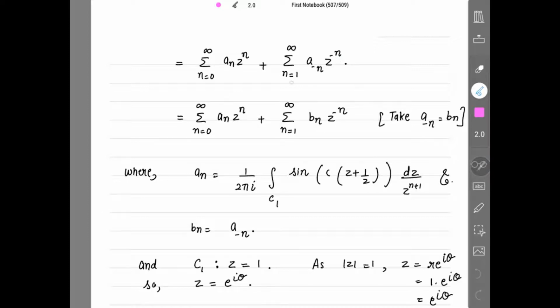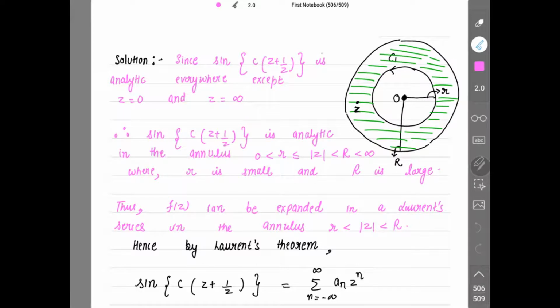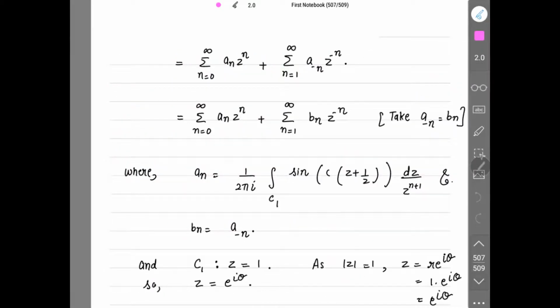If you put the values of n, you will get the same result in the sum of these two summations and also the previous one where n is starting from minus infinity to infinity an z to the power n. You just have to change this n to minus n here and start the summation from 1 to infinity, right? So all the values are covered.